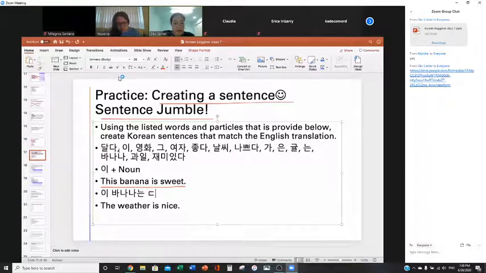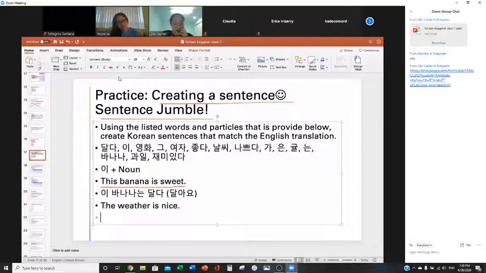If we want to change it to the basic form, it will be 달아요. If you want to be polite, you add 요. If you want to be informal, you just delete the 요 and say 이 바나나는 달아.